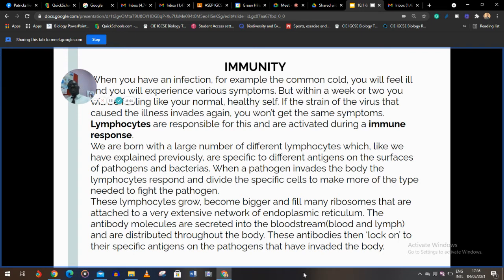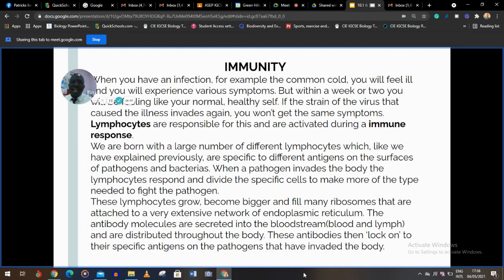What is happening? The moment this thing attacks you again, your body has already produced what we call the memory cells. These memory cells will divide so fast and produce antibodies. These antibodies will fight this thing as quickly as possible, which we call the immune response.